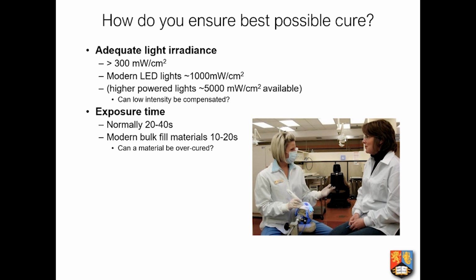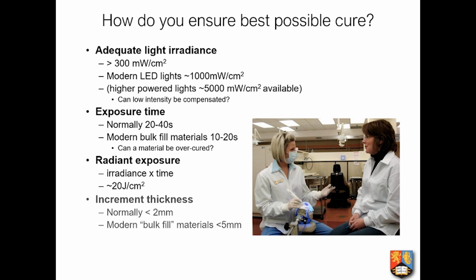So if you have say an irradiance of 500 milliwatts per centimetre squared, you can double the exposure time and have an equivalent cure as a light that has double the output for half the time. So the product of irradiance and time is known as radiant exposure. And again, there's a rule of thumb that approximately 20 joules per centimetre squared will provide adequate cure of a conventional material with a conventional shade at 2 millimeters.